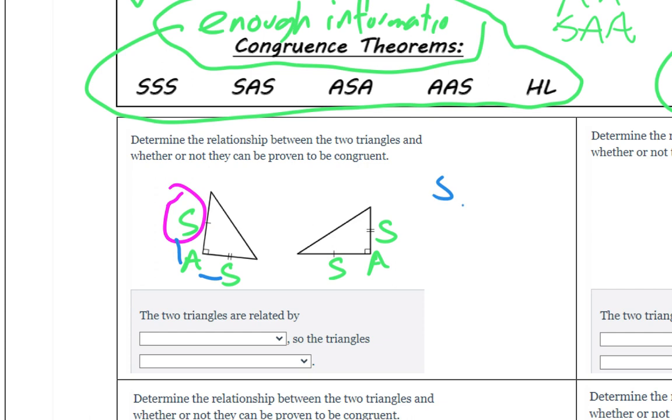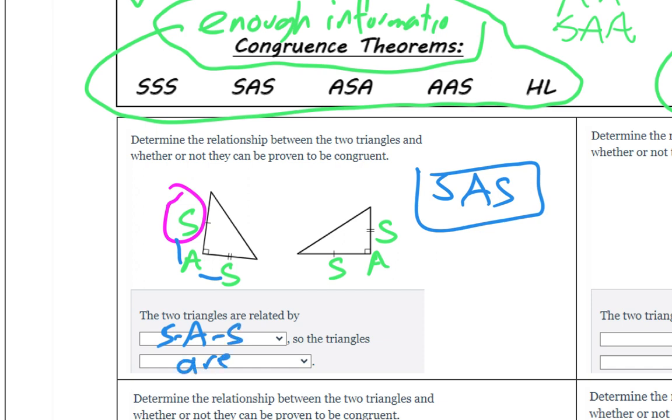So that's going to be SAS. Okay, and SAS is one of these. So the 2 triangles are related by side, angle, side. So the 2 triangles are congruent. Okay, side, angle, side.